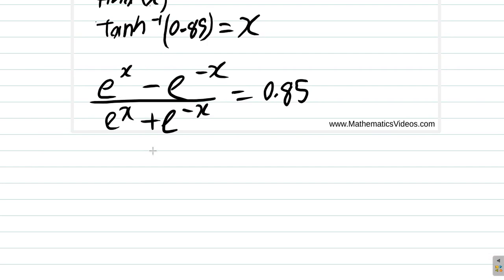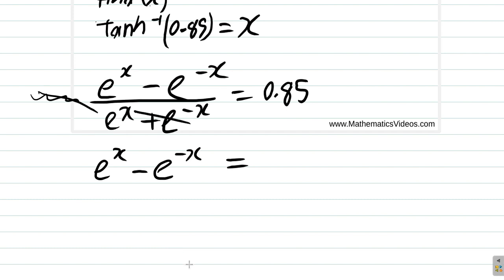Now let's multiply both sides by e to the x plus e to the negative x. Now e to the x minus e to the negative x is equal to, this will cancel itself down here because you multiply by it and it will cancel itself, right?